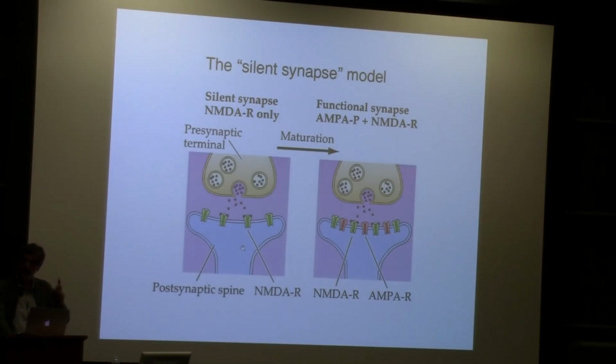But now if the process of LTP inserted AMPA receptors, those are not blocked by magnesium, and then you can see them. So you will see a lot of failures, and then you will see fewer failures, but that was actually a postsynaptic failure. So basically this is now called a silent synapse.